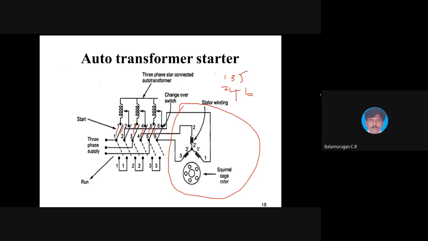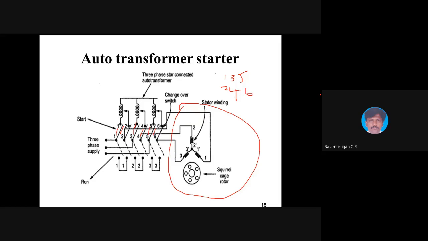If you adjust the variac, you can vary the supply voltage. Full supply voltage will be available in the winding. Based on your requirement, you can change the variac and a variable voltage can be applied to the stator. So this is the concept.